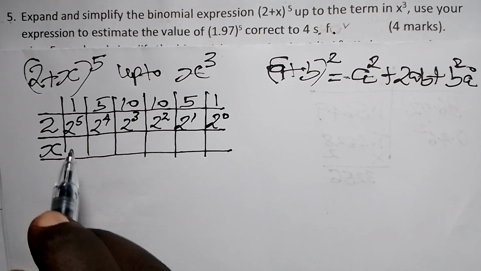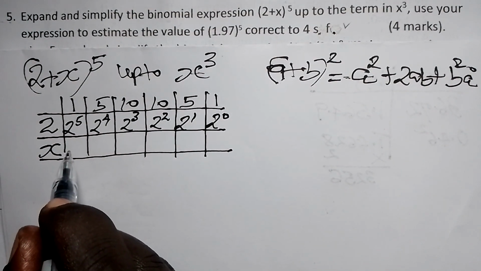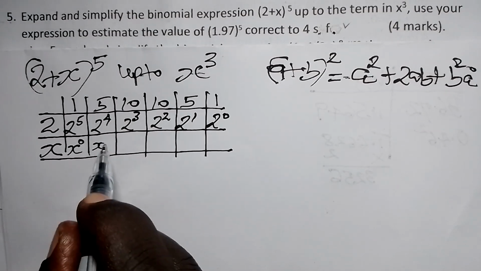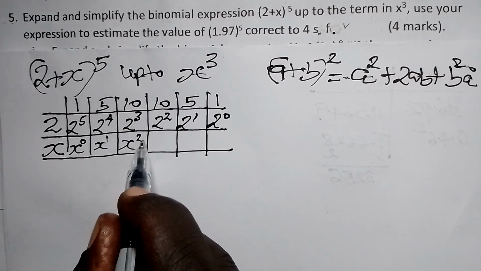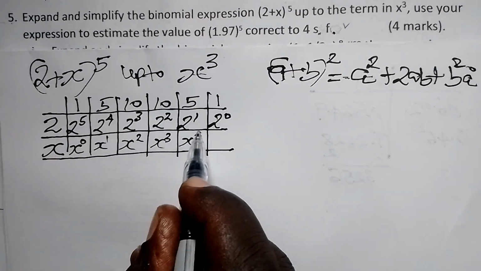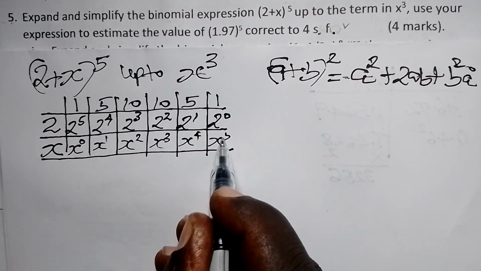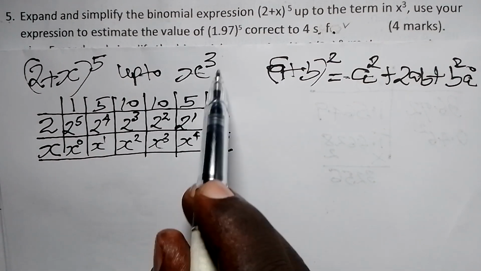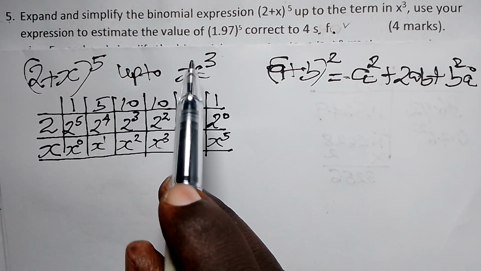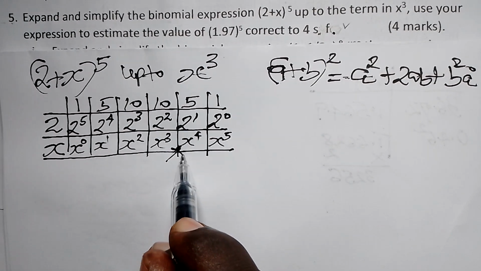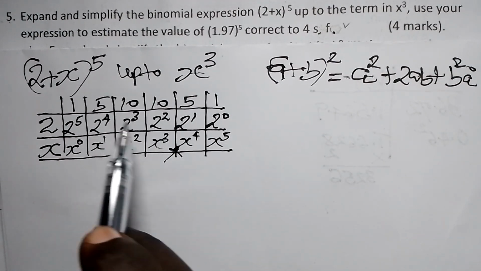For the second term x, we'll write x power 0, x power 1, x power 2, x power 3, x power 4, and finally x power 5. We've only been told to go up to x cubed, and our x cubed ends here. So we have to extract these terms.